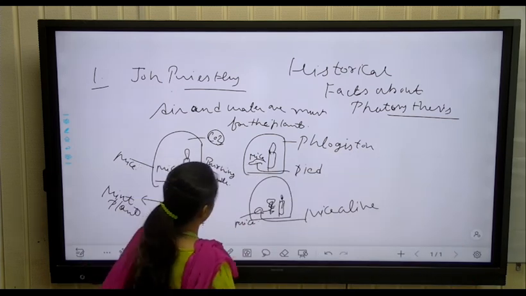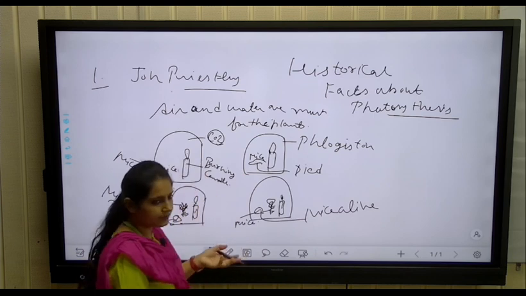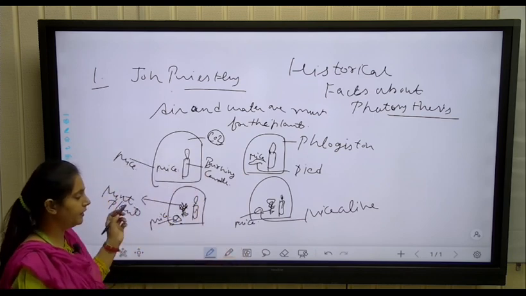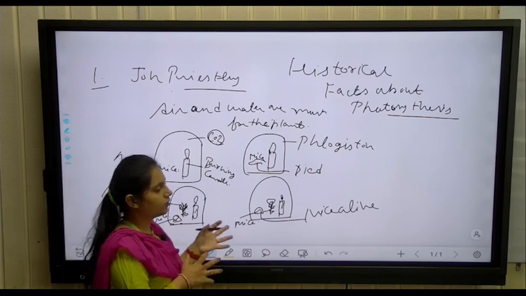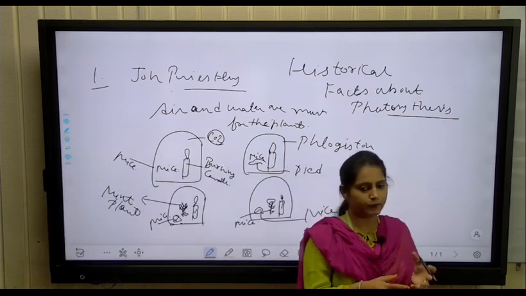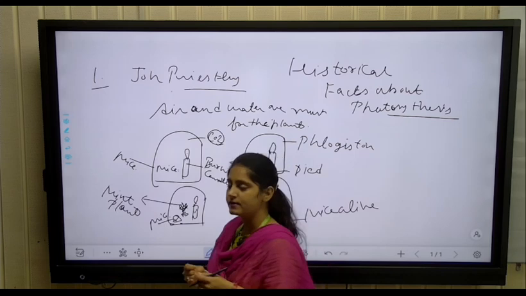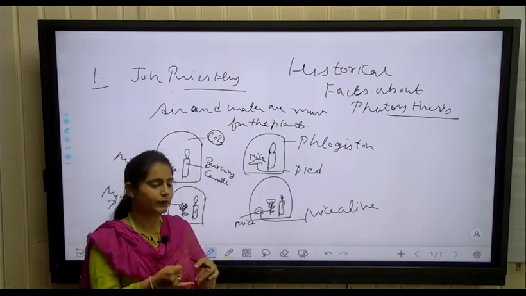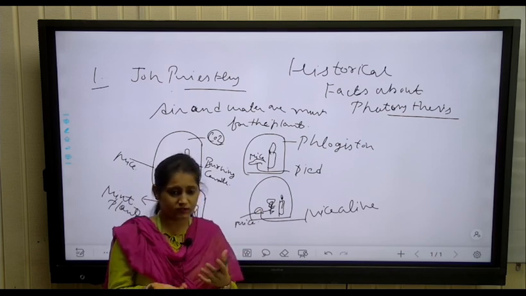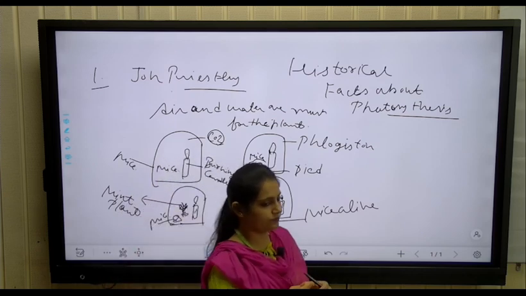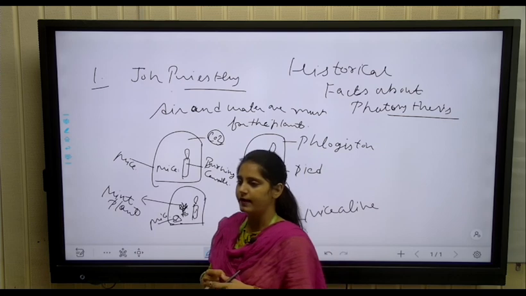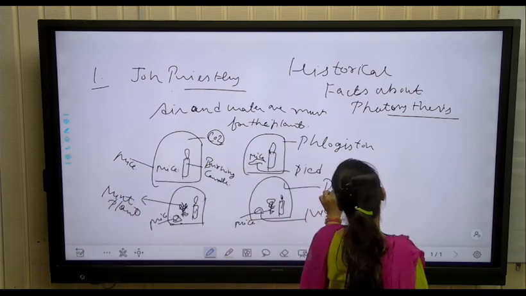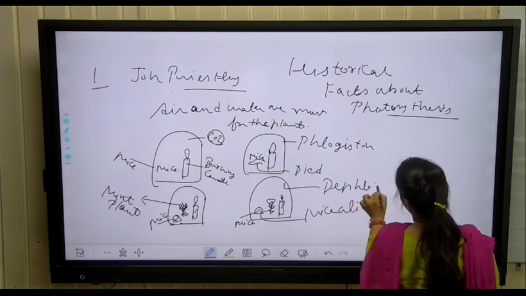So, phlogiston caused the mice to die, and in another experiment the mint plant did not allow the mice to die because of the conversion of that phlogiston into some other thing, because of which the mice remained alive. So, that was named dephlogisticated air.